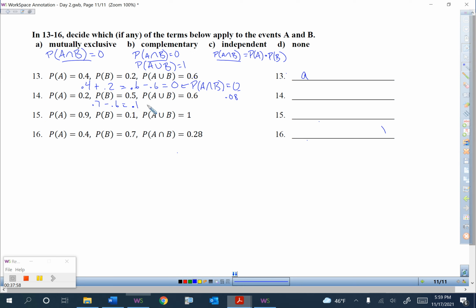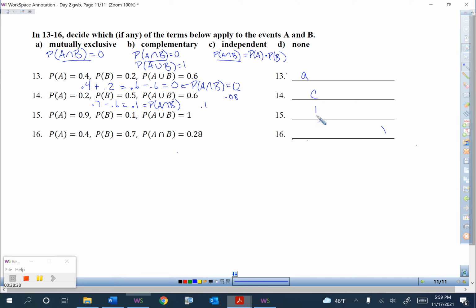That tells us our intersection, and then we can run it through each of these. Our intersection is 0.1, which means it cannot be A, and it cannot be B, because those require the intersection to be 0. Then when we go over here, we're going to take A times B and see if it is 0.1. So over here, 0.2 times 0.5 is 0.1, and that does match. So this is C. Pause the video, try 15 and 16 on your own, come back to check.